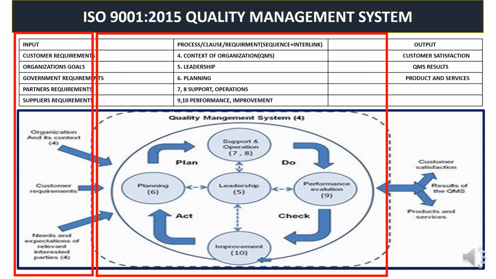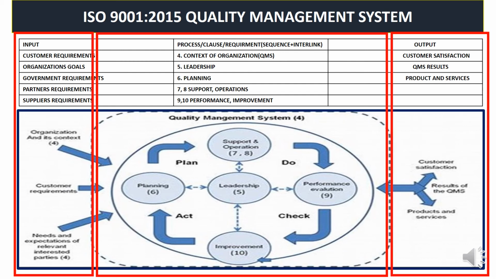If you go into details or watch our other videos, you can see why it is like that. Then the 5th clause comes here, leadership. 6th clause is planning, 7th is support, 8th is operation, 9th is performance evaluation, and 10th is improvement. From this we are getting output as customer satisfaction, QMS result, product, and service.